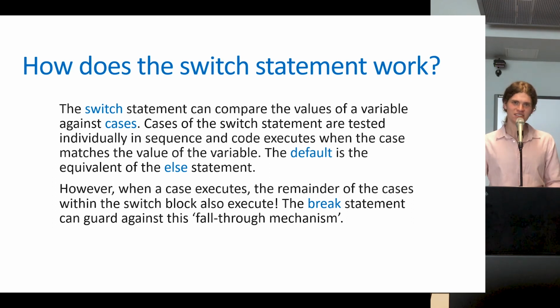Okay. However, there's a strange part to the switch statement in that the way it's coded, if one of the cases matches, then it would proceed to execute all of the other cases below the true one, regardless of whether those additional cases are true or false. And this is known as the fall-through mechanism.